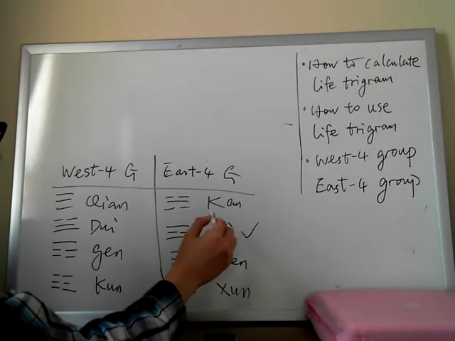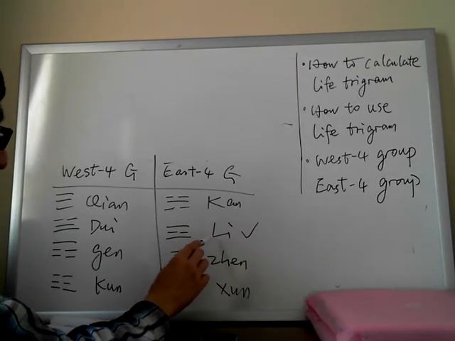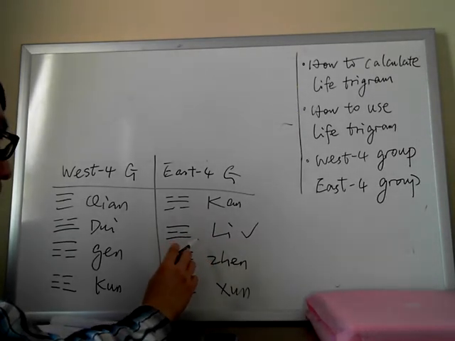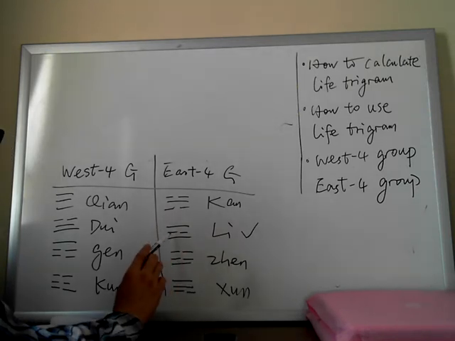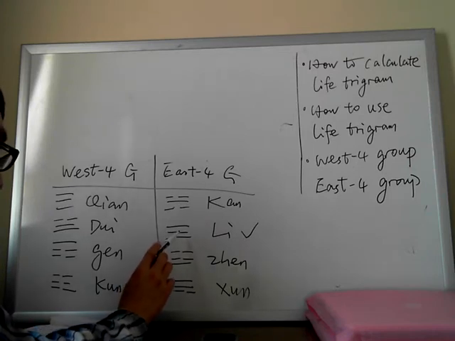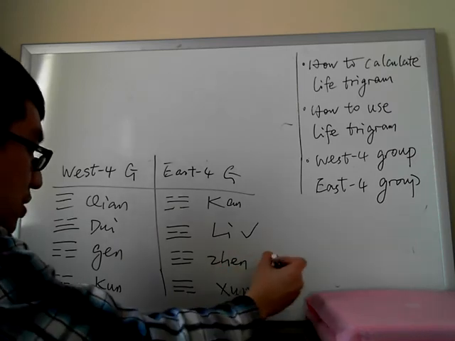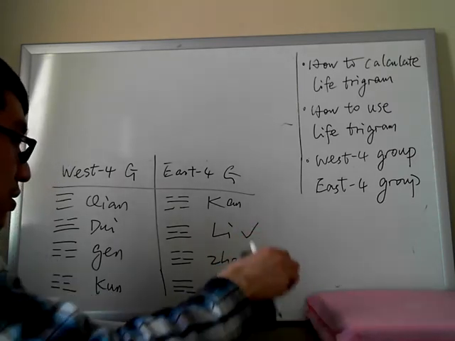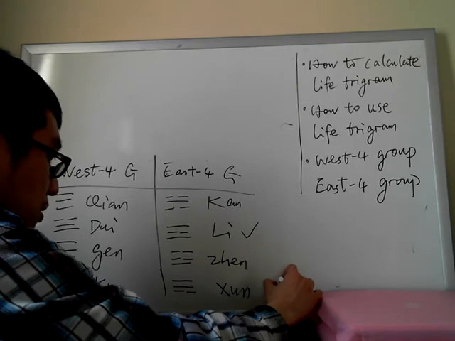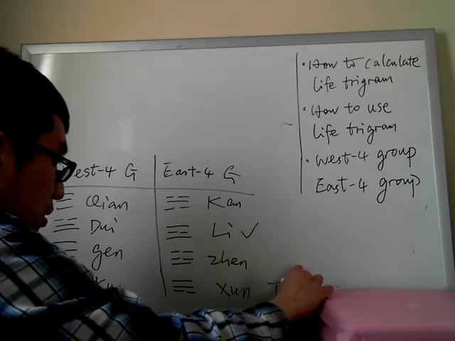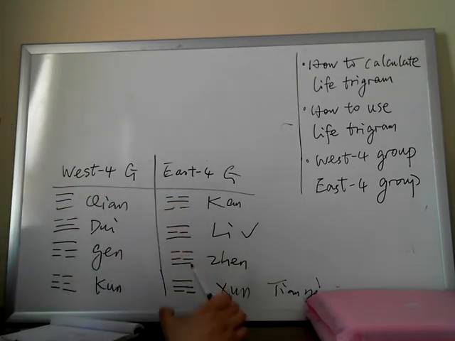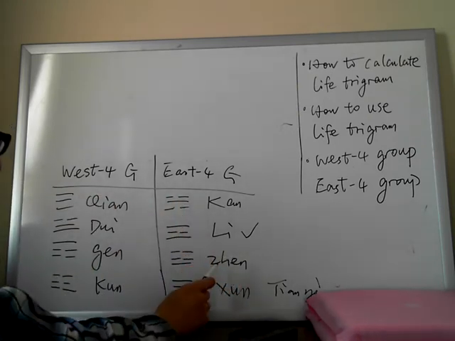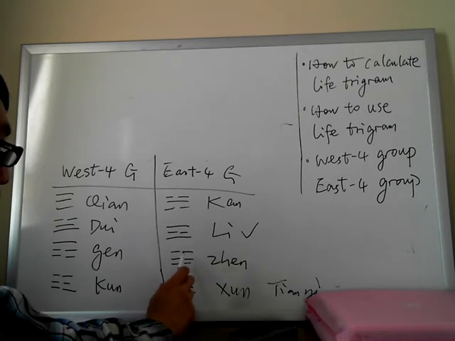You see, if the guy's life trigram is Li, then what's the Tianyi direction of the guy? Tianyi direction would be changing the middle and bottom line, right? That would be this trigram, the Tianyi direction. Kan Zhen would be changing only the top.